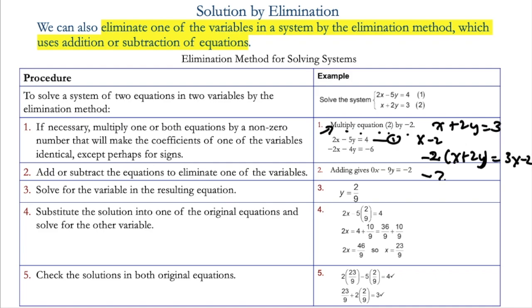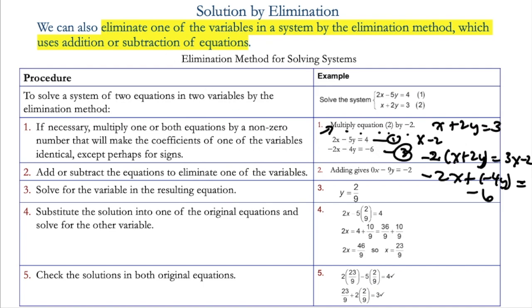So it becomes minus 2x plus minus 4y equals minus 6, which is this one actually. So call this one equation 3. Okay, now you can see clearly, let me erase the mess first.